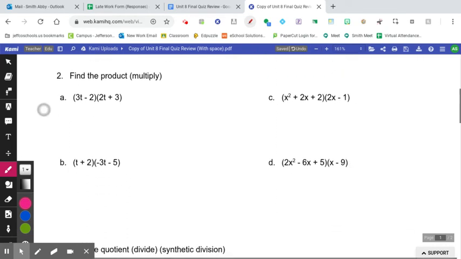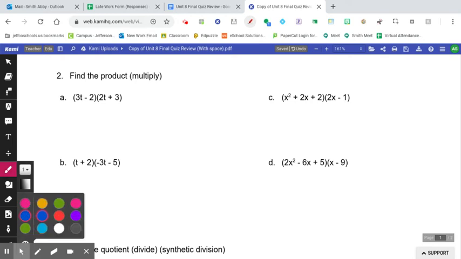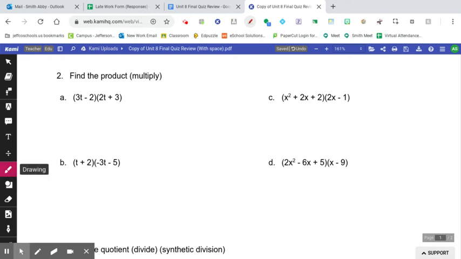All right, moving on to 2. Again, I'm going to do A and you do B. I'll do C and you do D. So I am going to use the double distribution here. So 3t times 2t is 6t squared. 3t times positive 3 is positive 9t.